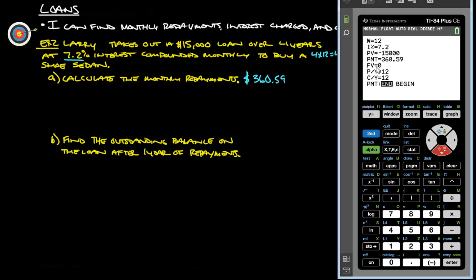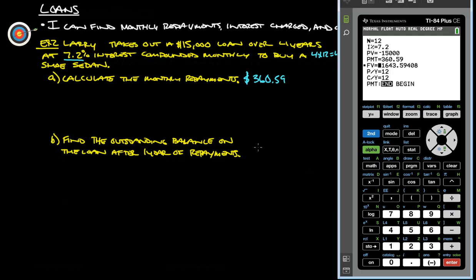Since we're trying to figure out the outstanding balance, we want to highlight FV, then do alpha and solve, and the future value would be 11,643.60.